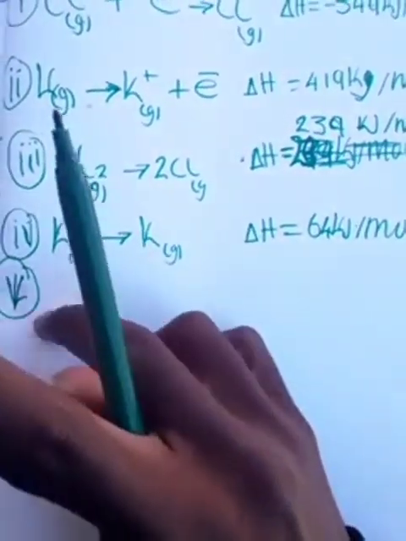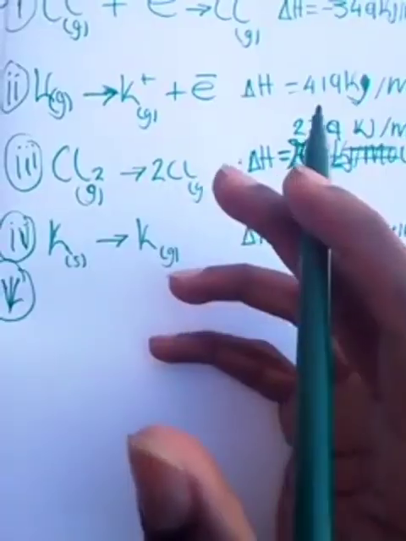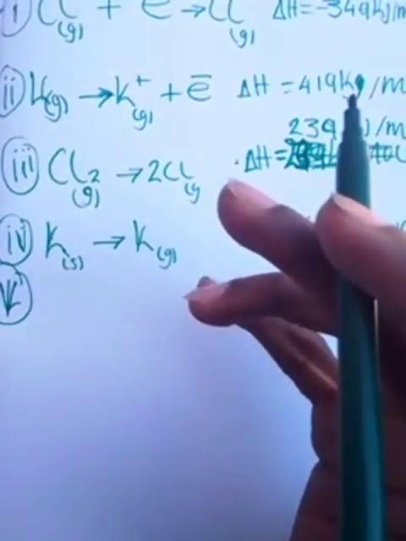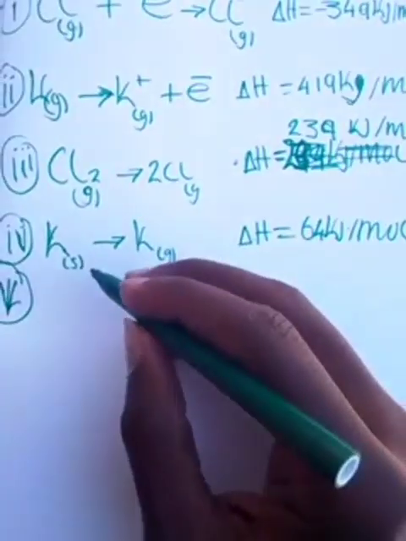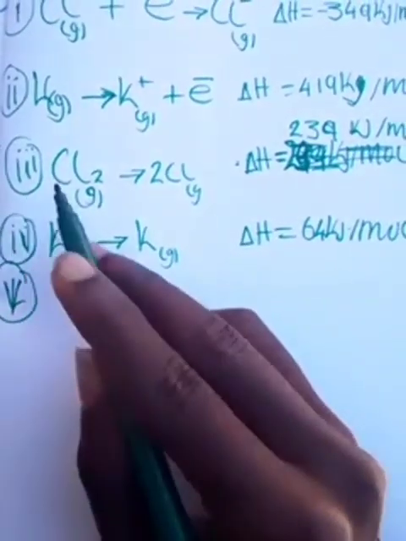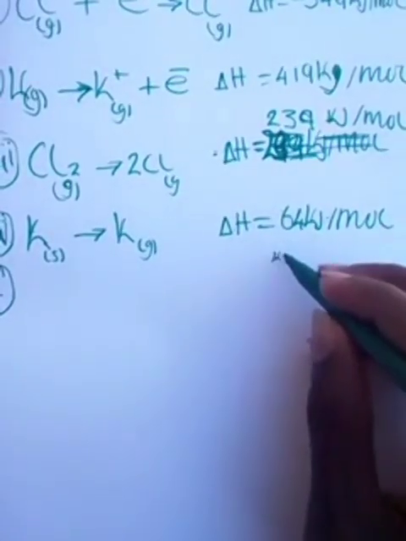So in the case where we're talking about potassium chloride, for me to write my equation for lattice energy, potassium chloride looks like this.